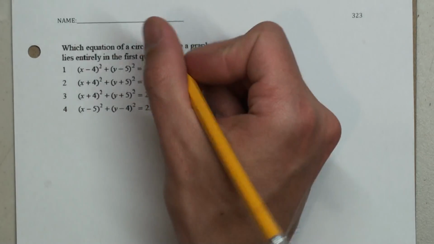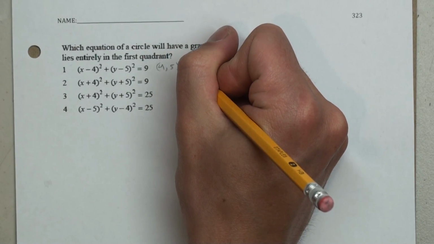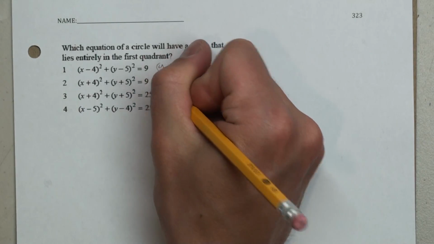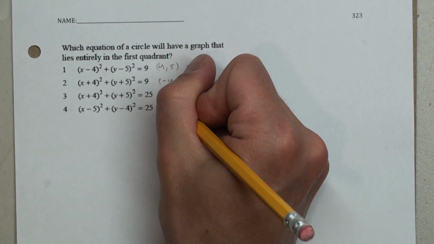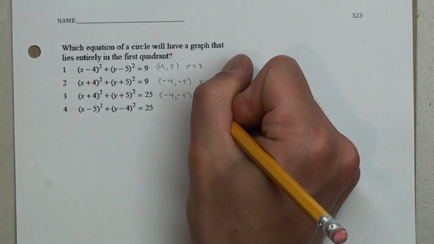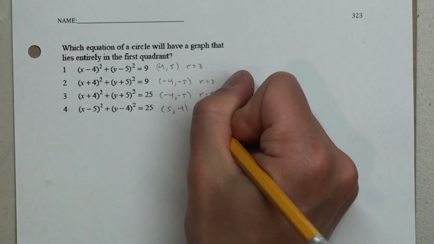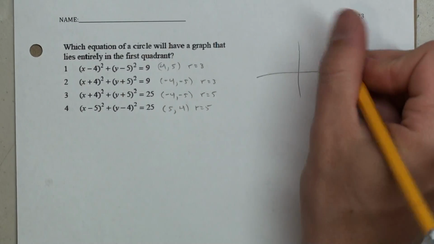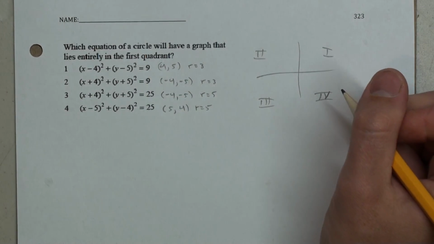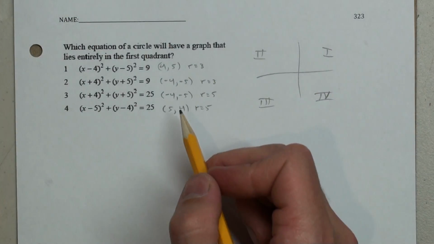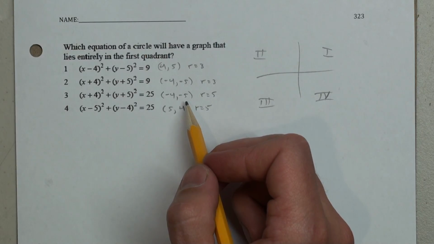In the first quadrant, well, this one would be 4 comma 5 and r equals 3. This one would be negative 4, negative 5, r equals 3. Negative 4, negative 5, r equals 5. 5, 4, r equals 5. So if we're talking about quadrants, 1, 2, 3, 4, it would be none of these.